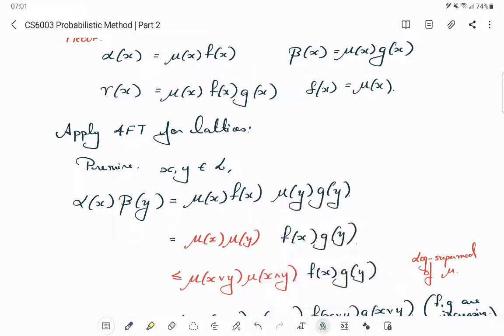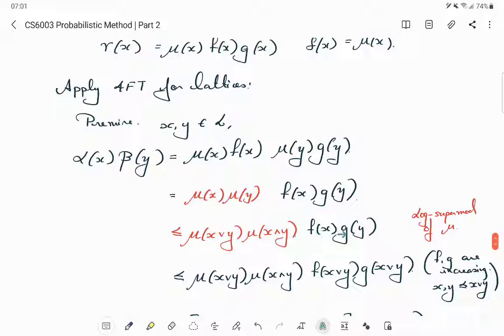Okay, now next, your f and g we know are increasing functions, right? So x join y is something which always succeeds both x as well as y.